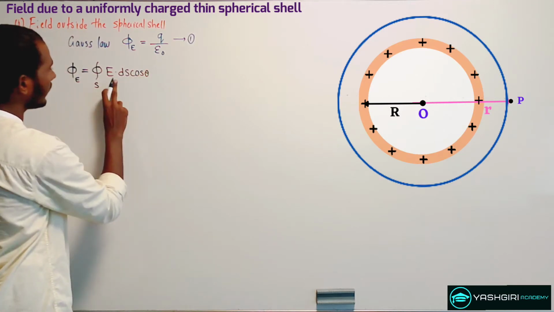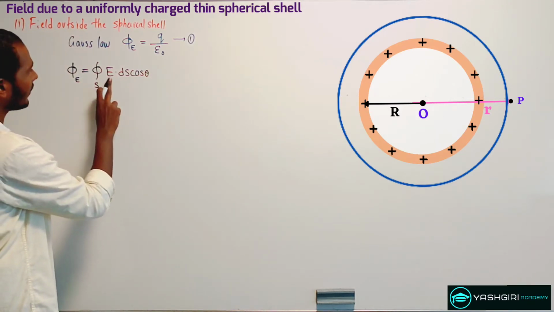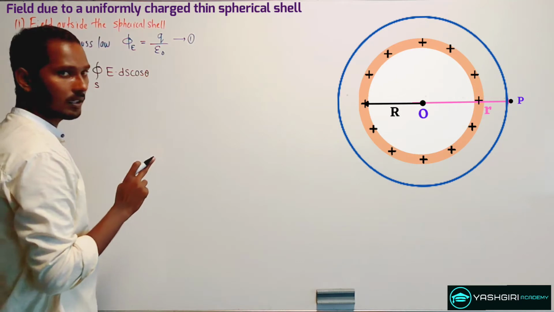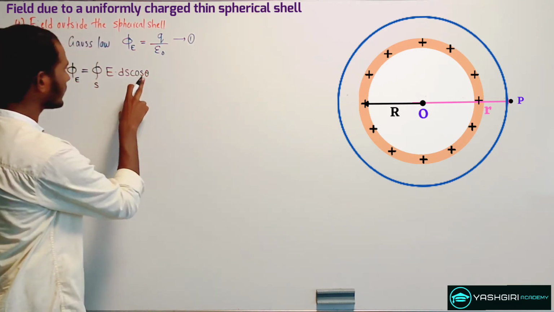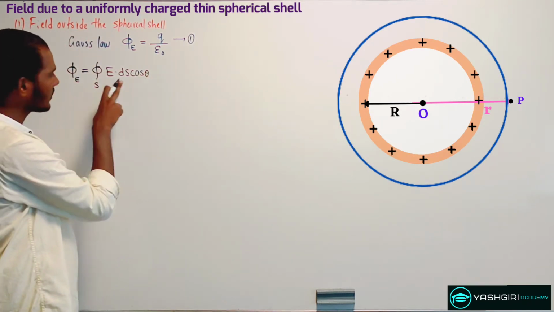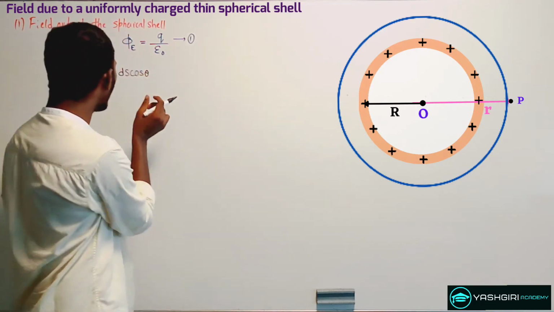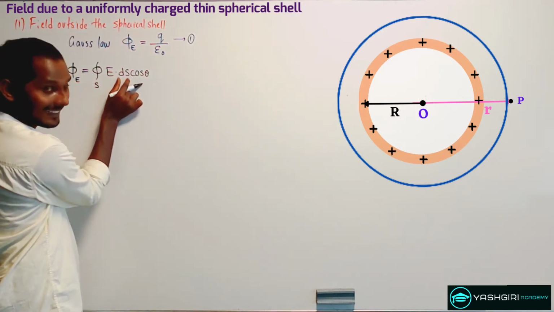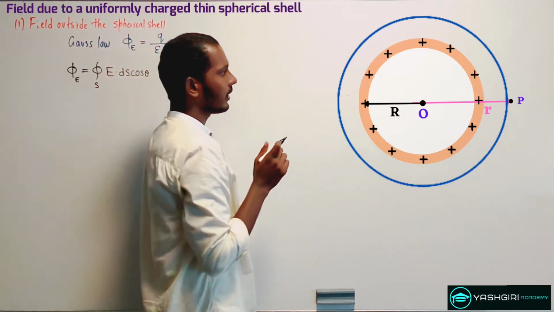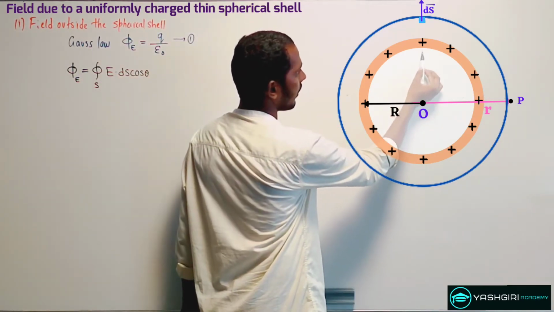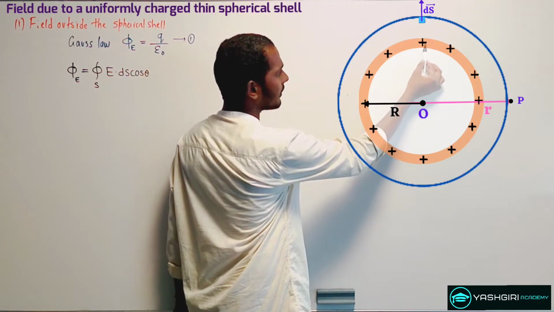So I'm writing it directly. Vector E dot ds can be written as E ds cos theta. Correct? Now let us see what the theta is. Yes, this is a surface integral. So here if I just choose a small area element like ds, let me choose it somewhere here. Okay, so this is my small area element.